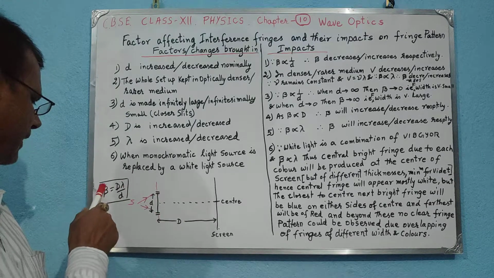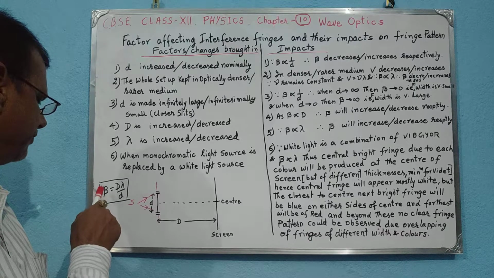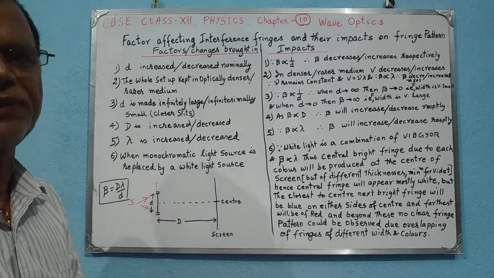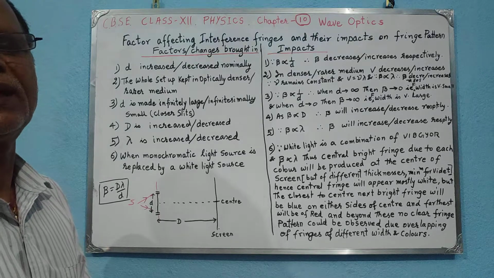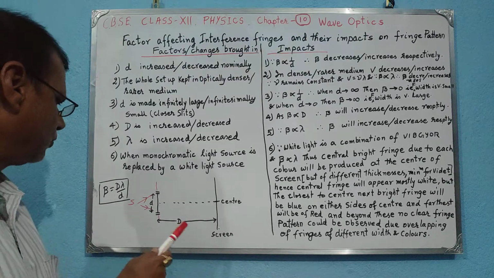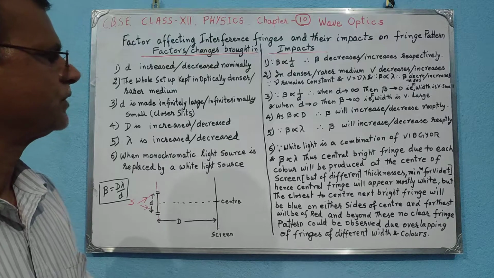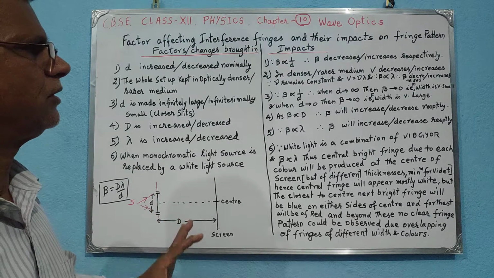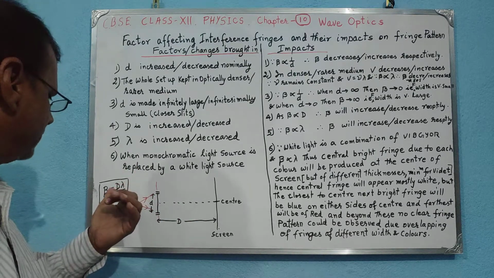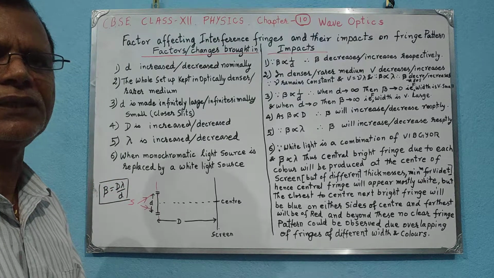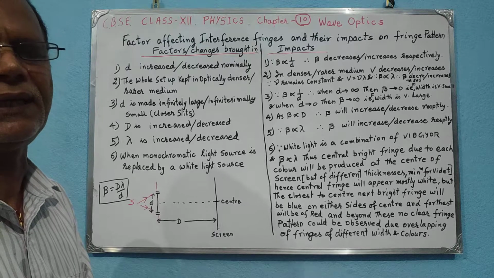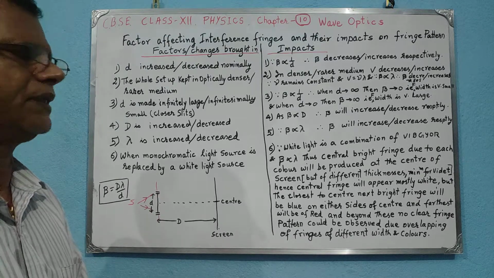Lambda is the wavelength of the light used and beta is the fringe width. Bearing this in mind, I believe you now have no problem memorizing the relation for fringe width: beta equals capital D lambda by d, starting with the capital.